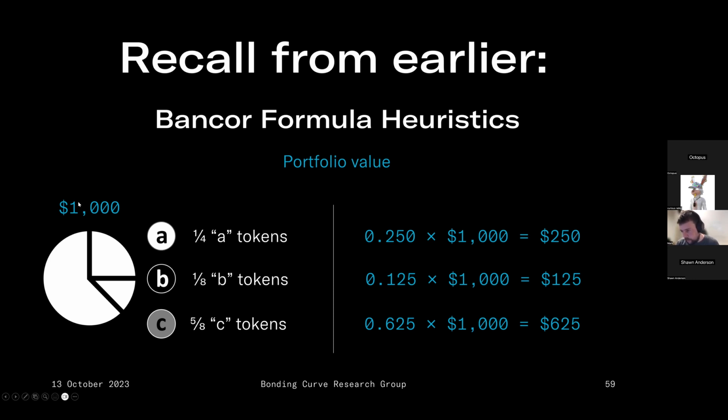So this $1,000 here I chose for convenience, but this could just as easily have been Bitcoin or ETH or tomatoes or secondhand cars. Whatever denomination we choose, we can still split the portfolio this way, even if the thing that we're denominating it in isn't present in the portfolio itself.